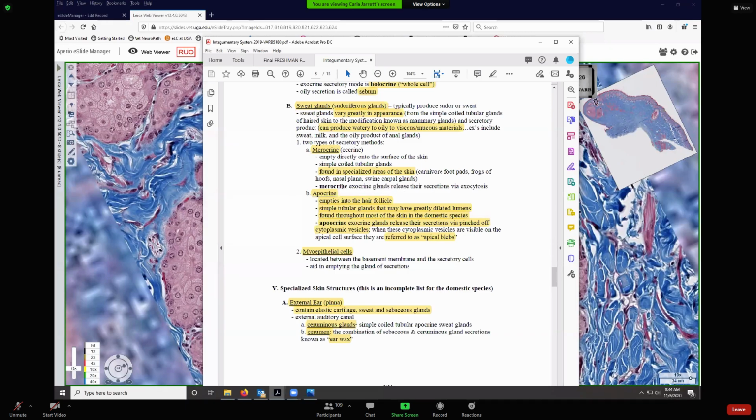The secretory packets, packaged probably in the Golgi apparatus, fuse with the cell membrane and release their product out into the interstitium or to the luminal surface. They don't lose any of the cell cytoplasm with merocrine, so it's an exocytosis. But with apocrine, they get these apical blebs where they pinch off packets of cell cytoplasm. And that is a different kind of exocrine secretion.